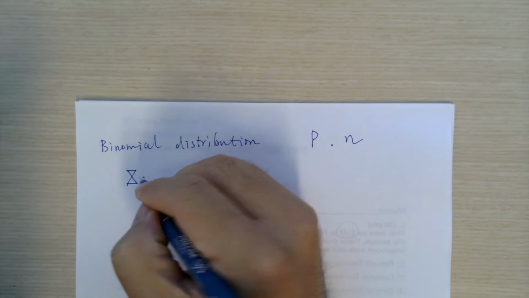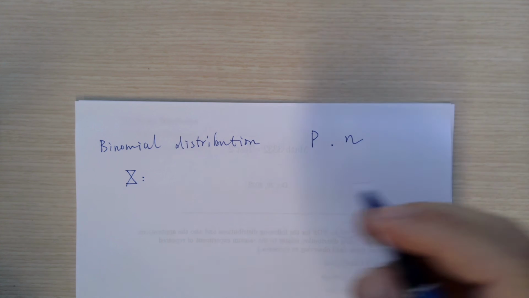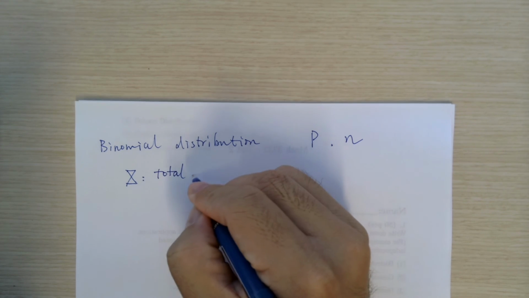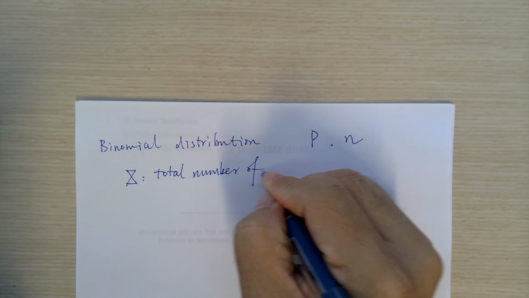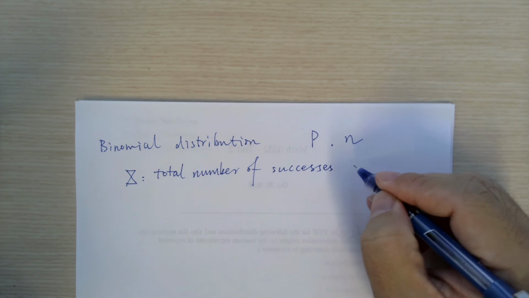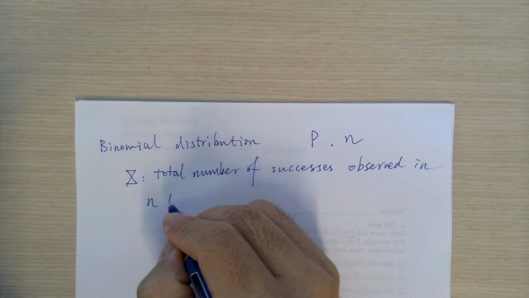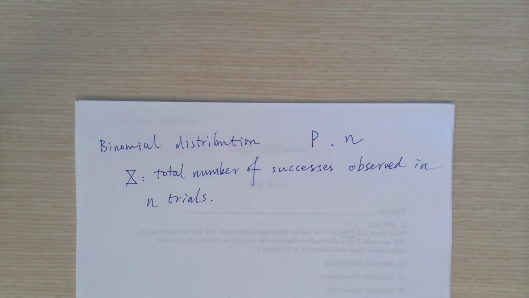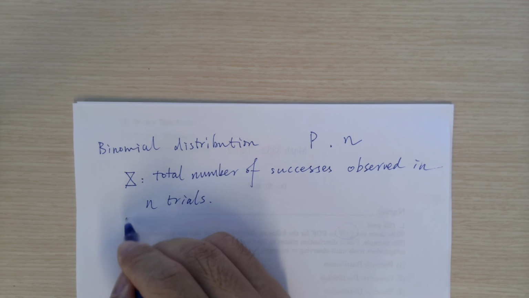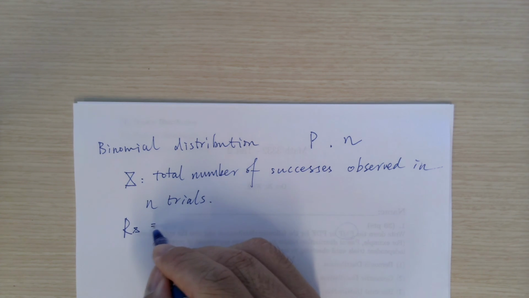The random variable I define here is the total number of successes observed in n trials. What is the range for this X? It can be 0.